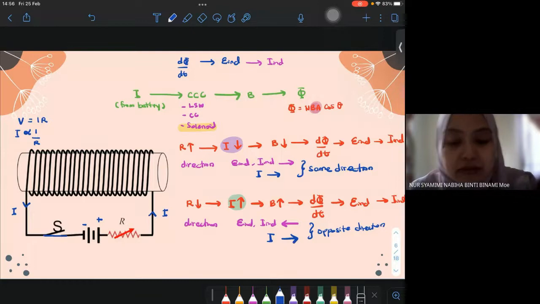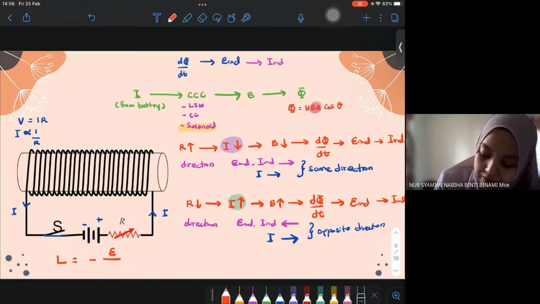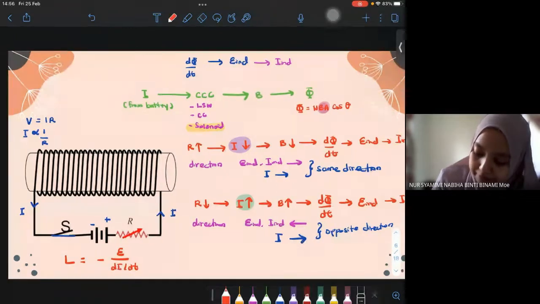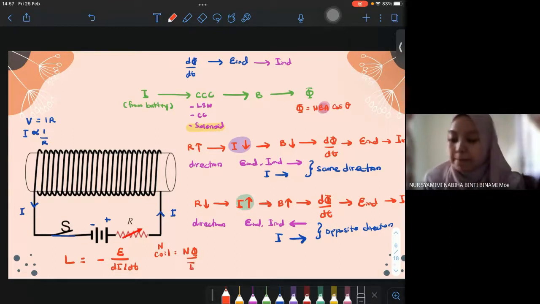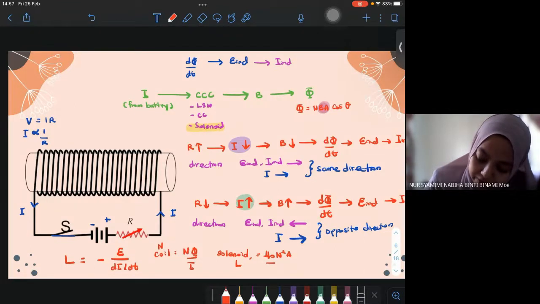So ini ialah proses yang dipanggil self-inductance. Okay. Dan ingat formula untuk self-inductance ialah L, from the definition dia ialah EMF over rate of change of current. Kalau kamu ada coil with N turns, dia ialah N flux over I. Kalau kamu ada solenoid, L-nya equals to mu naught N square A over length.